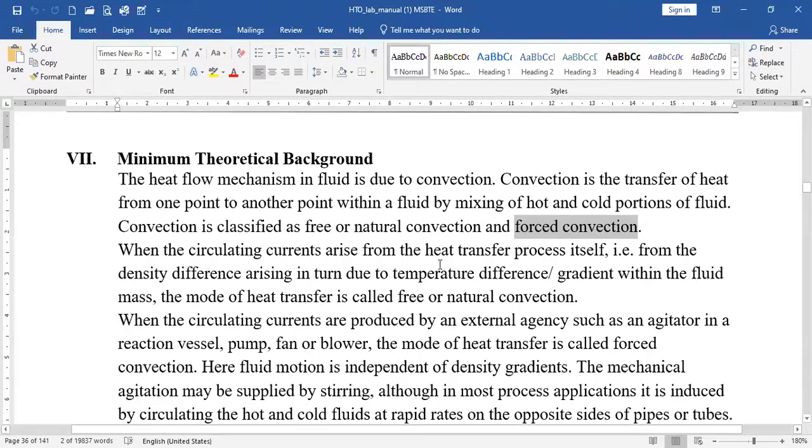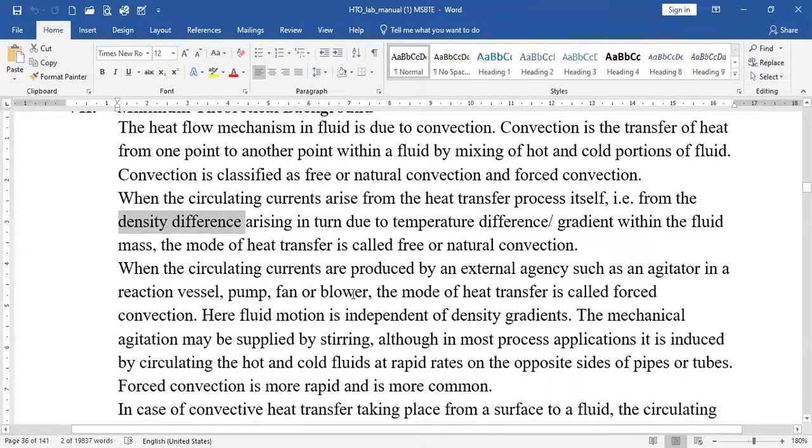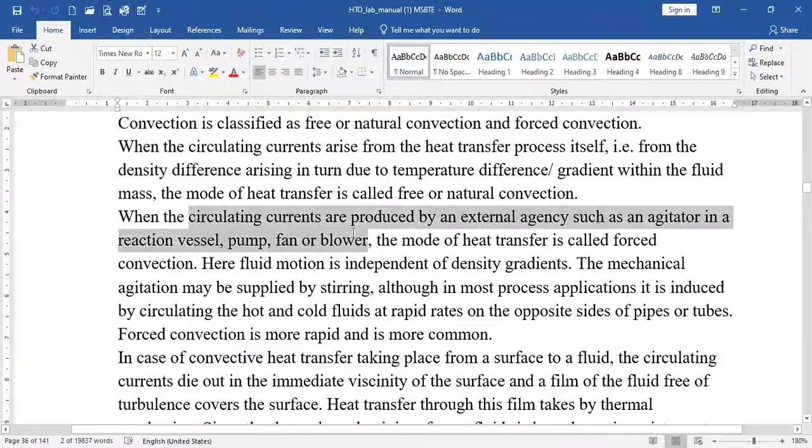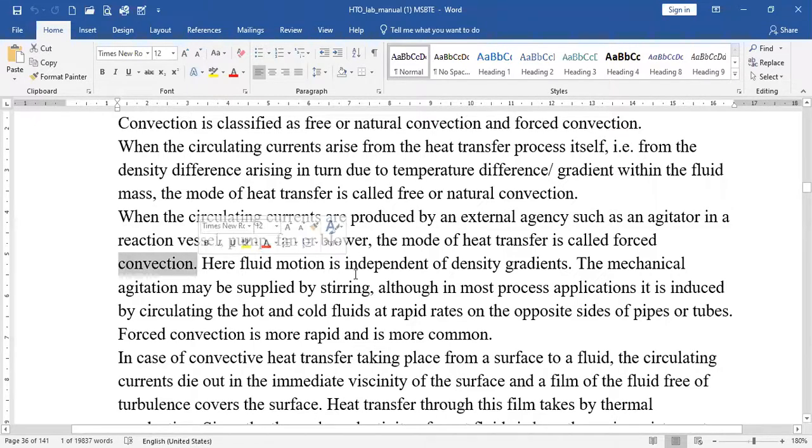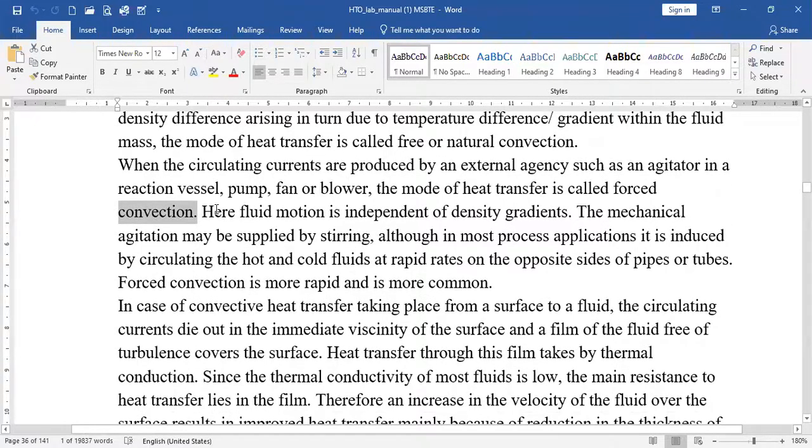When the circulating currents arise from the heat transfer process itself, that is from the density difference, it is called natural convection or free convection. When circulating currents are produced by an external agency, that is by the pump, fan or blower, then it is called forced convection, and the fluid motion is independent of the density gradients. In free or natural convection, it totally depends on the density difference or density gradient.